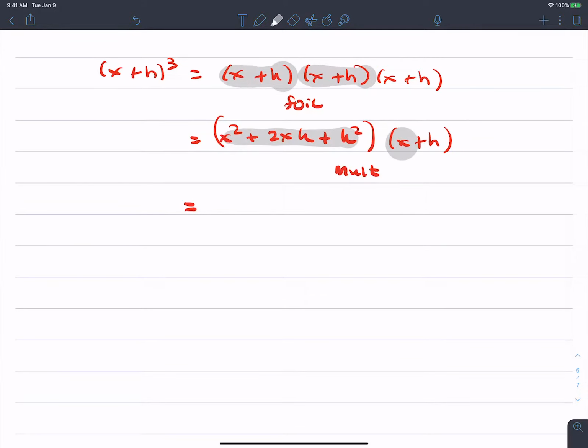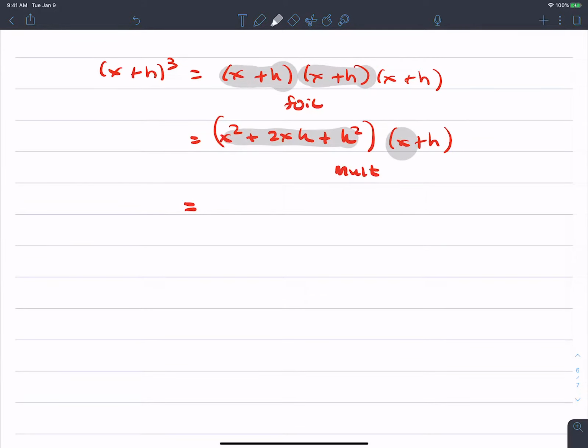And you say, what's here? That's going to be h times all the terms. Right? So here's what you get. Now I'm going to put them in a place here like we have h times x squared. That's x squared h. So I'm going to put that below here. Okay, there's an x squared h now. And I put it below the x squared h term because we're going to have to add these. So I'm going to take the h, I'm going to multiply it with 2xh. And that's going to give me 2xh squared.